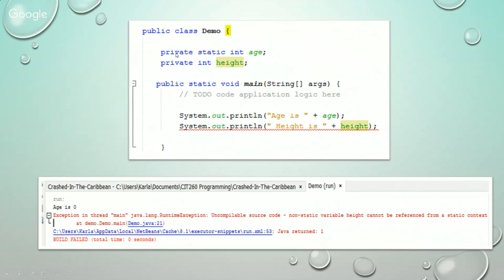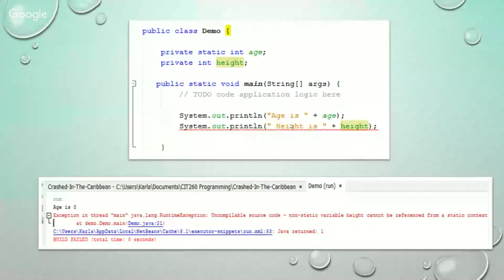So remember, non-static can only be called once we have created an object. In my main, I use system out print lines to print out the values of the variables. The first one, when I run it, works: 0. The second one throws an error. It says that non-static variable height cannot be referenced from a static context.